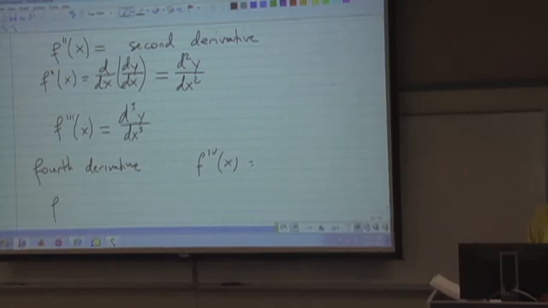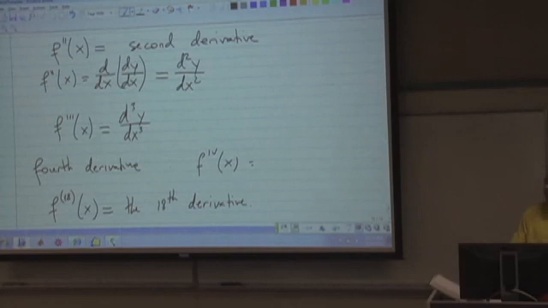The convention is, after a certain point, you just write it in parentheses. This is the 18th derivative. 18 would probably be a stretch.